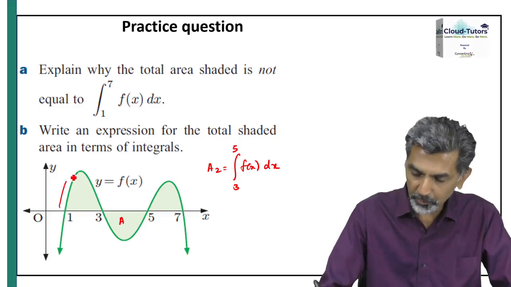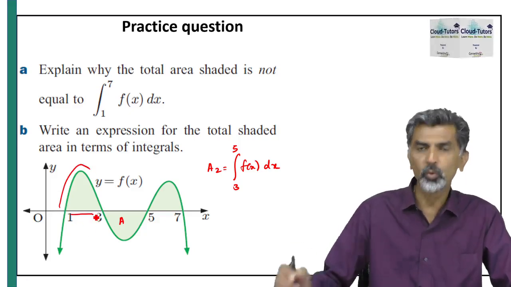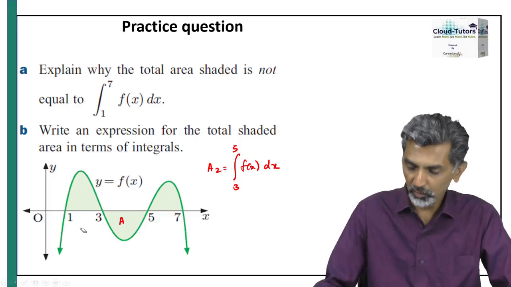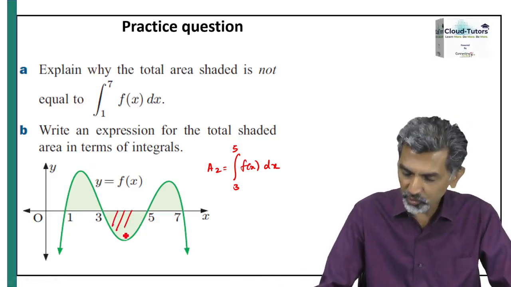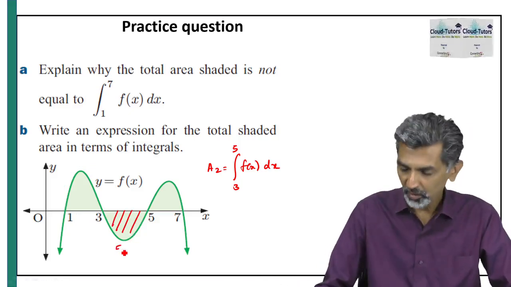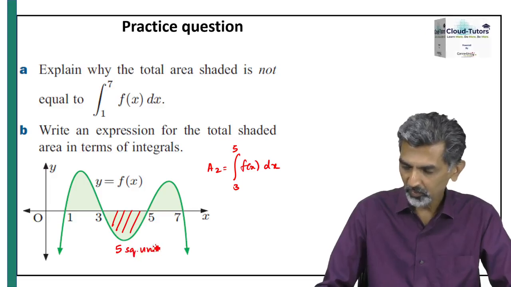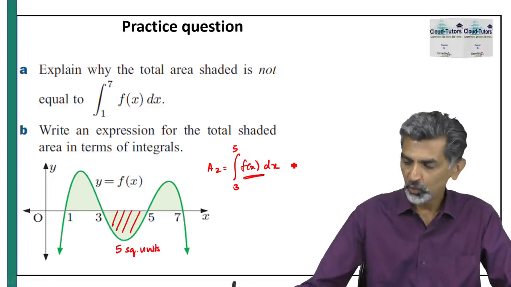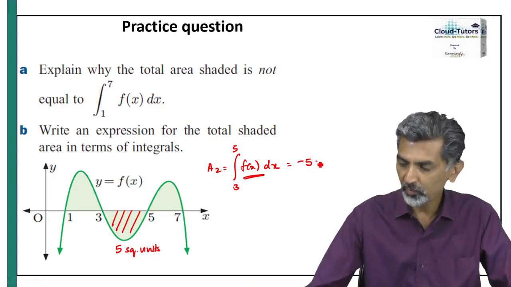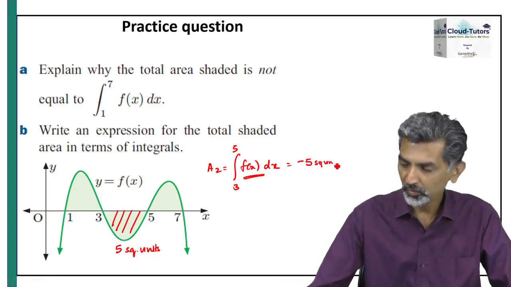Whereas here the upper boundary is f of x and the lower boundary is the x-axis. So if the actual area of this region is 5 square units, when you do this integration, you will end up with -5 square units.